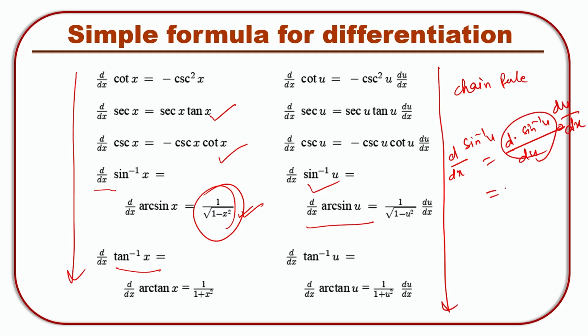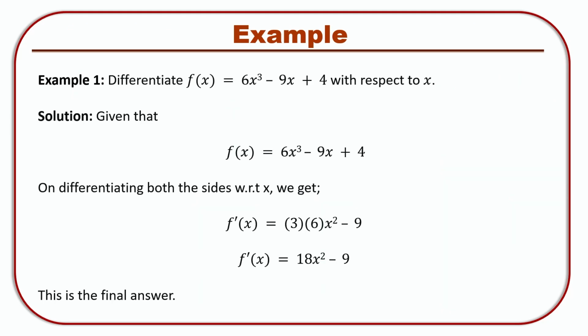This will be 1 by square root of 1 minus u squared into du/dx. That's all, right? Similarly, you can find out for tan inverse x and so on.